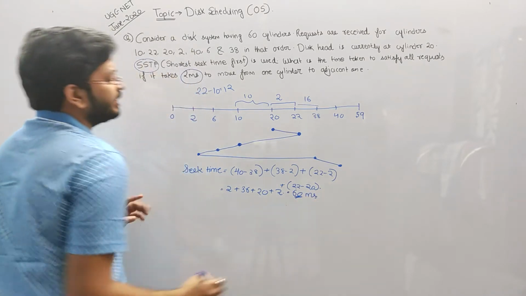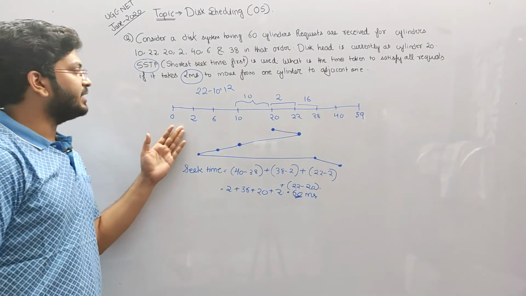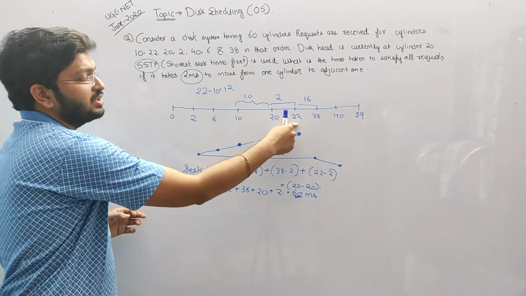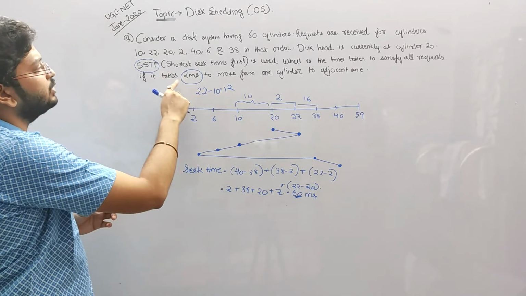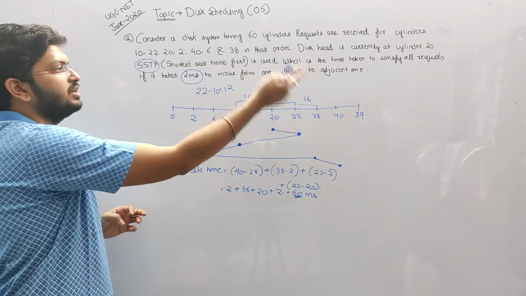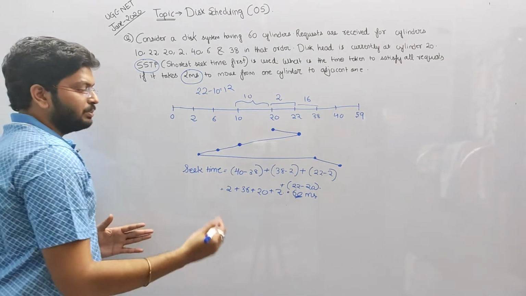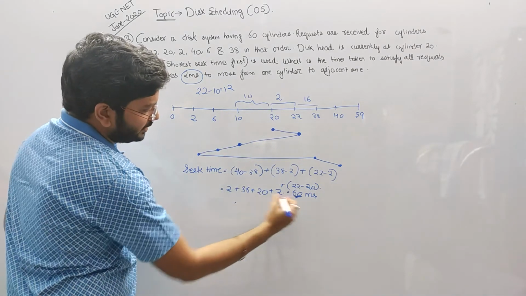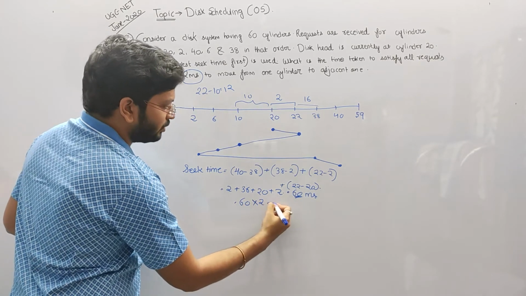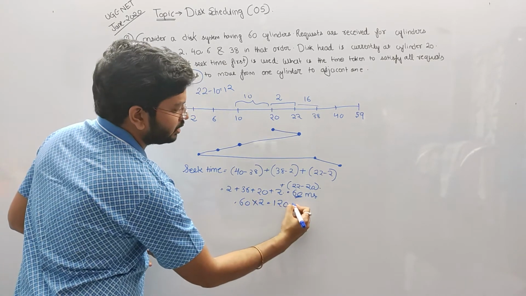Here I have considered the case of 1 millisecond to move from one cylinder to another. But in the question we have 2 milliseconds. It is given that it takes 2 milliseconds to move from one cylinder to the adjacent one. So we simply multiply this 60 by 2, which equals 120 milliseconds.